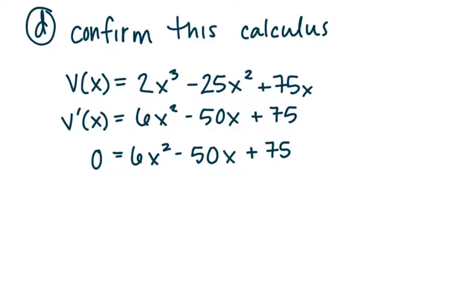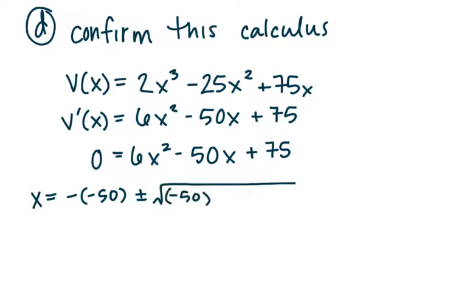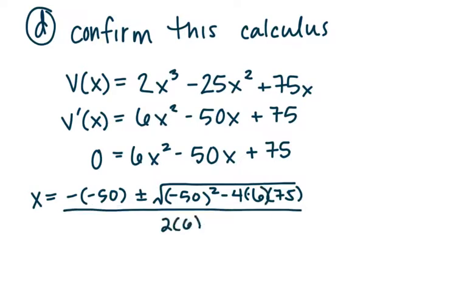In this case, I can't factor this, so we use our quadratic formula. So negative b is negative 50 plus or minus the square root of negative 50 squared minus 4 times 6 times positive 75, all over 2 times 6.